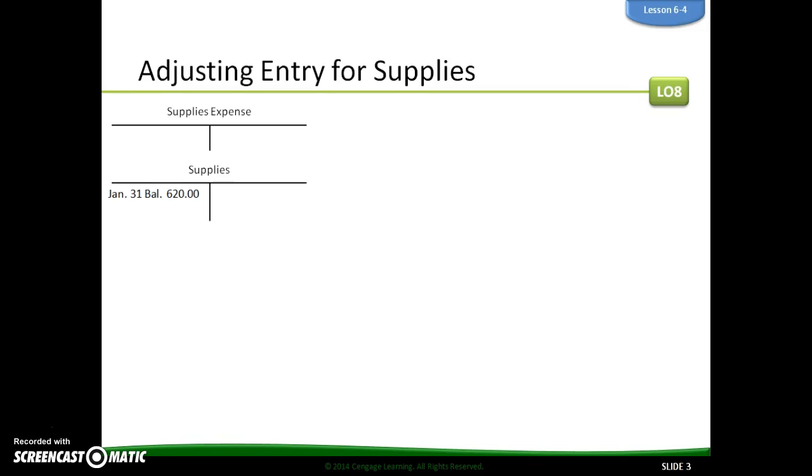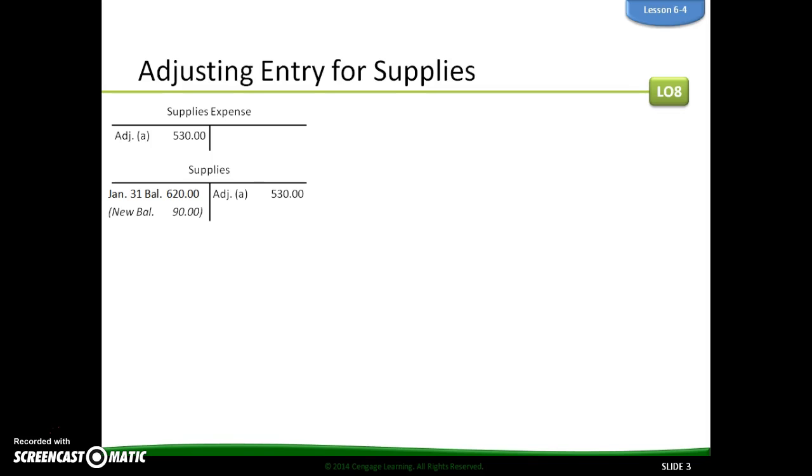Let's look at some T accounts on our supplies. On January 31st, our supplies balance would be $620. However, we realize that we have used some of our supplies for the month and that we need to do something to correct our supplies account.